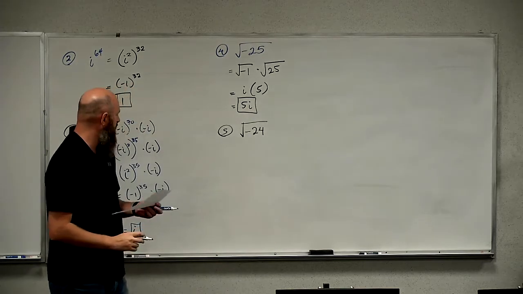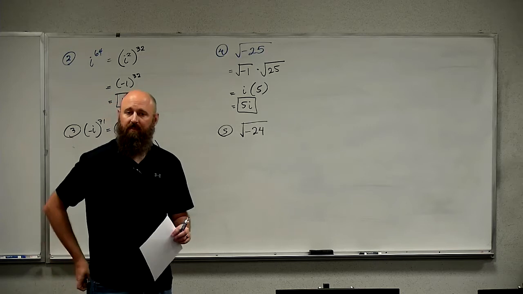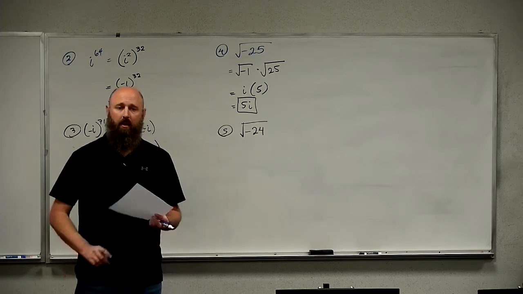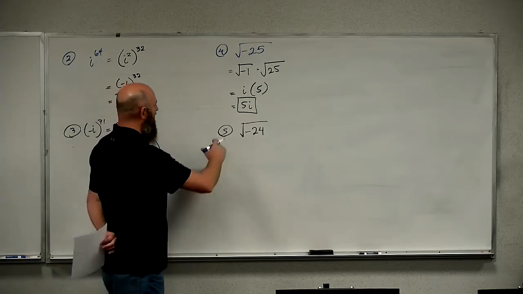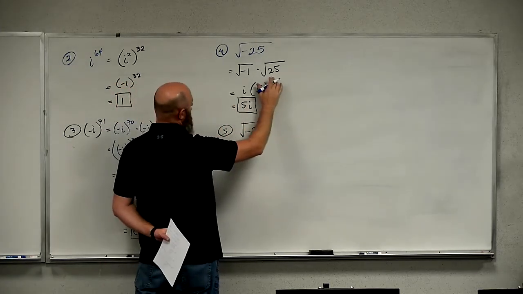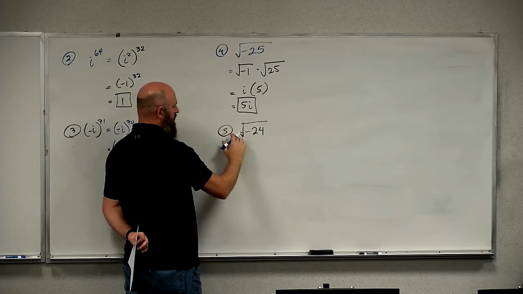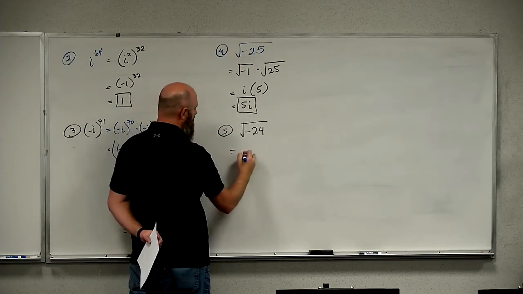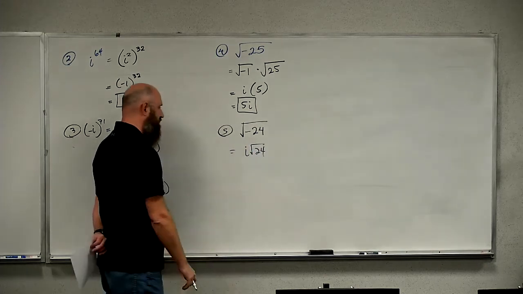How about the square root of negative 24? This one, we've got to simplify the whole thing. All right, now we do want to break it apart. We want to think about our pieces. Now, you don't have to do this step right here. This negative coming out is going to be i every time. So I need to take that negative out. So I can just go ahead and rewrite this as i square root of 24.